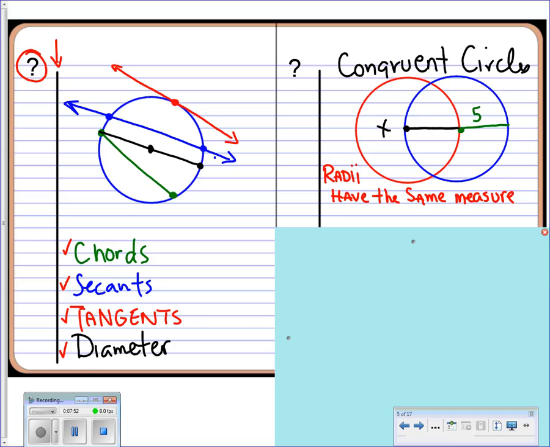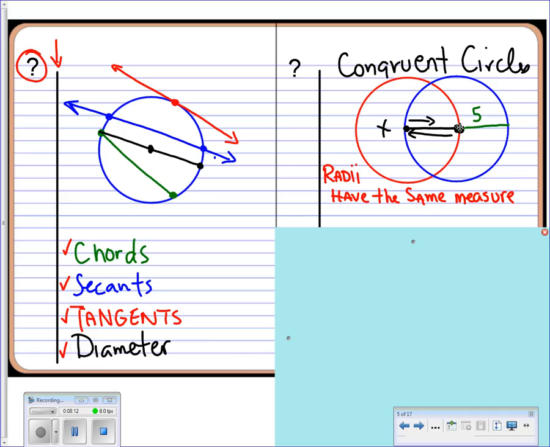The left-hand circle is red, and the radius goes from the black center of the red circle all the way over to the red circle's edge, which happens to meet at the same place as the center of the other circle. So the black radius coming this direction comes this direction and meets on the blue.